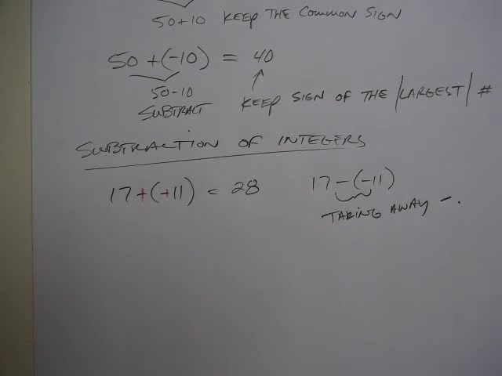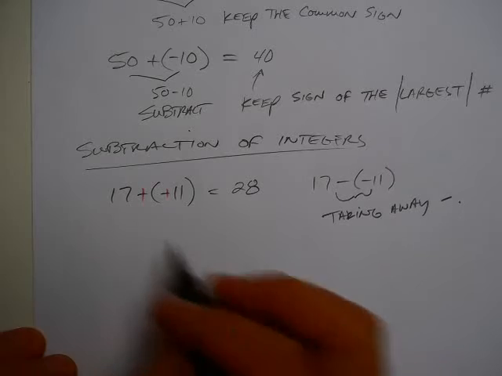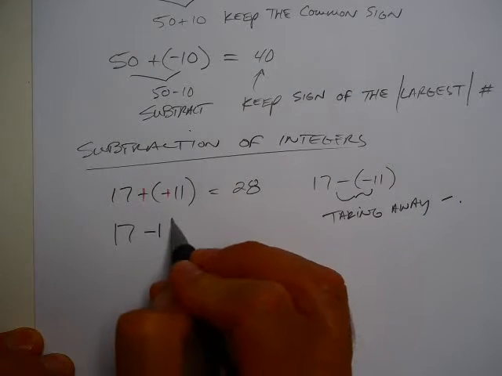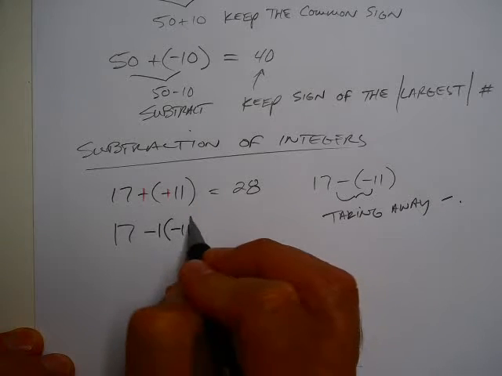Taking away negative gives us a positive. But I think a more mathematical way to think of this is this. What is this negative doing? That's correct. So another way to think of this is 17 minus 1 times a negative 11.